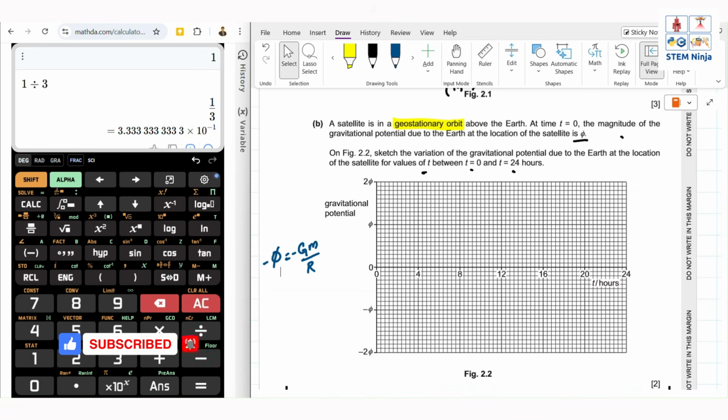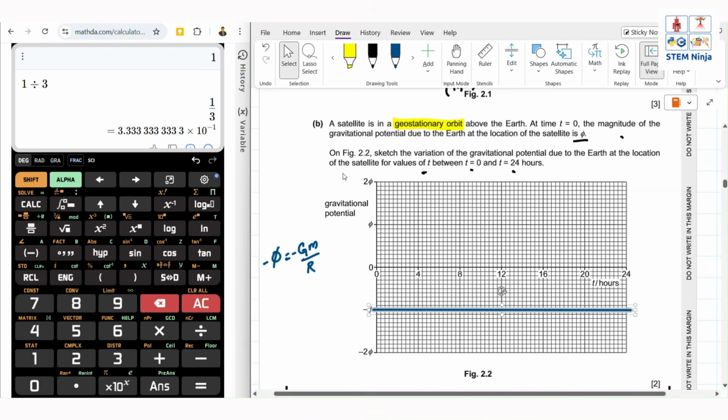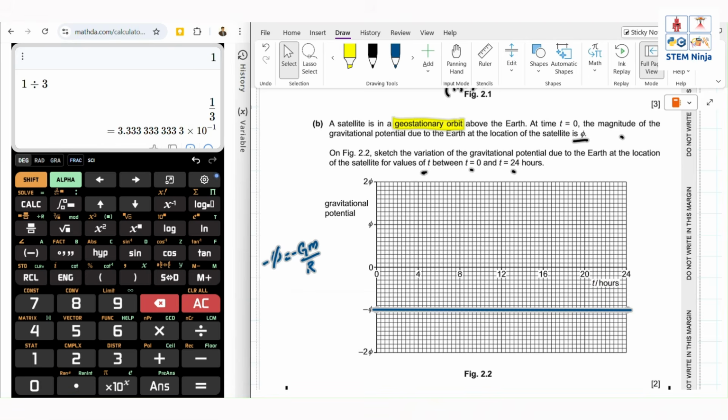It will stay constant. So it starts over here, ends over here. This is something that is not changing. That's it. Again, since the radius of the orbit is not changing, the gravitational potential remains the same.